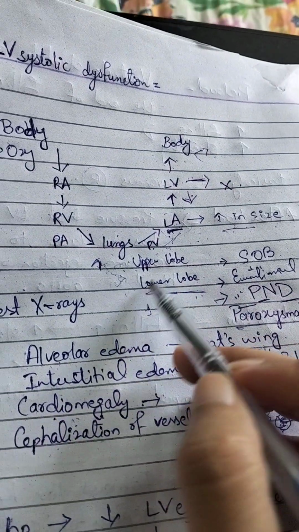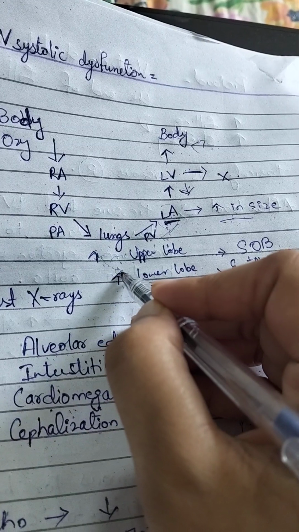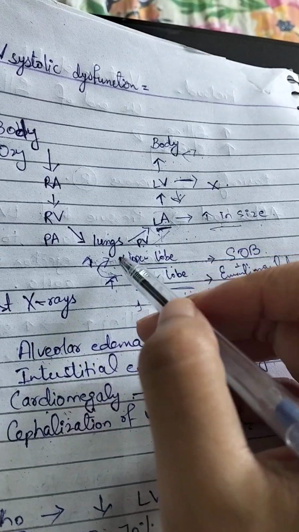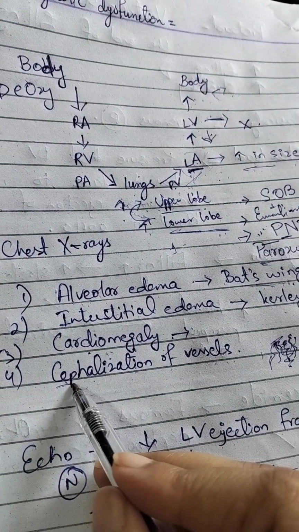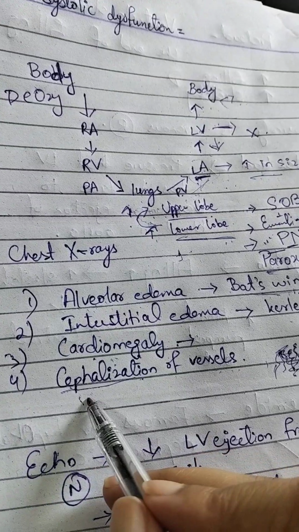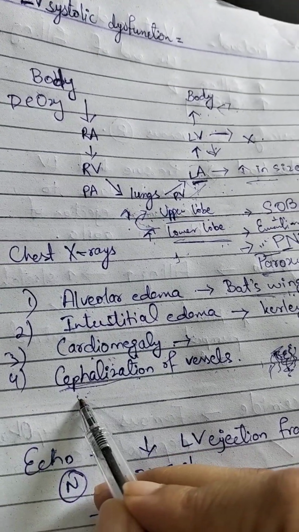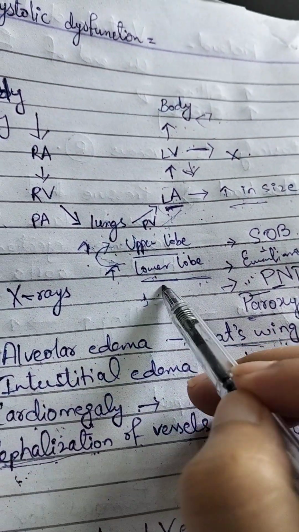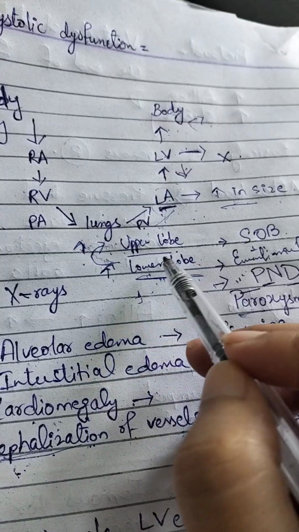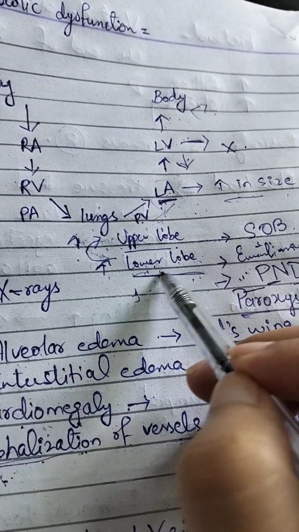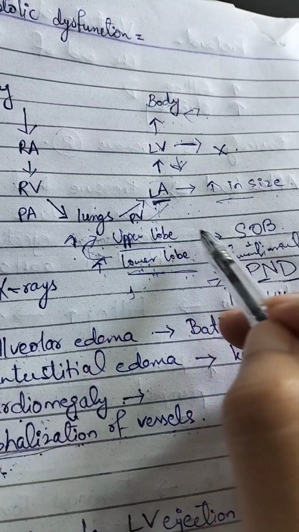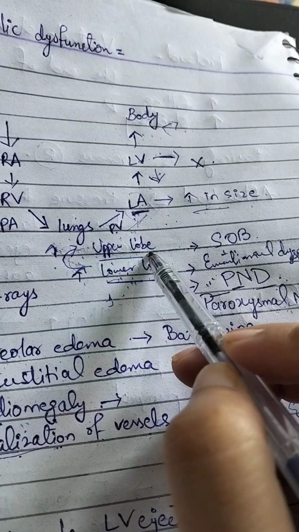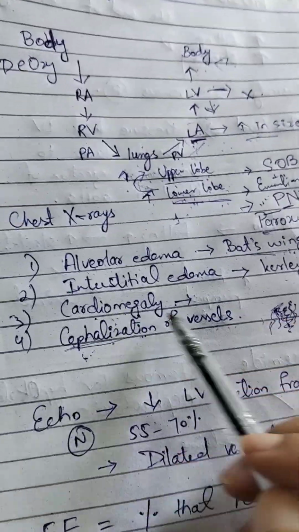But in fluid overload the lower lobe is already filled, and the fluid migrates towards the upper lobe. This is called cephalization. Cephalo means head, so cephalization of vessels is towards the head. Due to the increase in pressure, and despite the gravity effect, fluid will flow towards the upper lobe due to fluid overload in the lungs. So there will be upper lobe congestion, and this leads to cephalization of vessels.